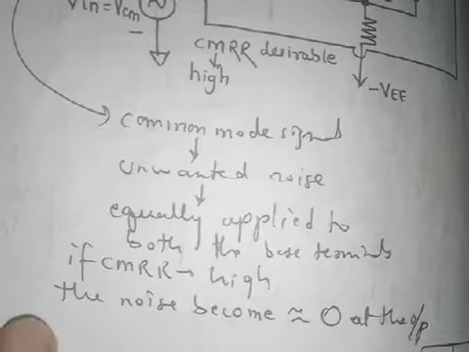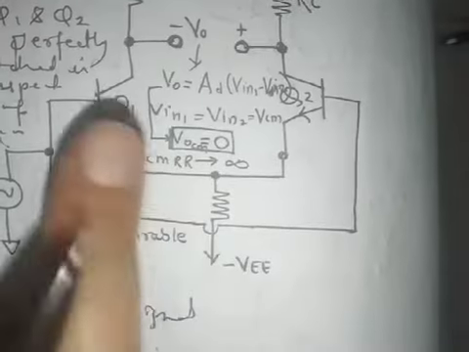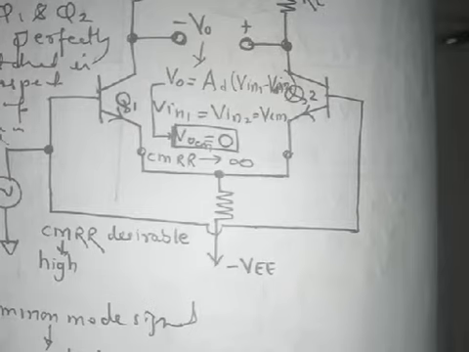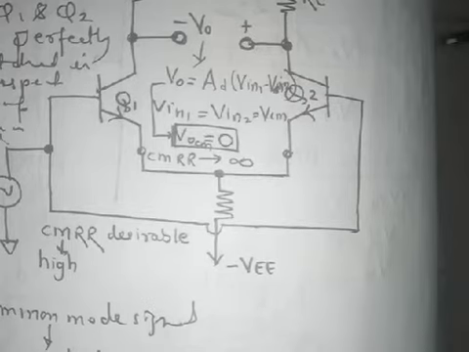But if you use the transistor in a differential configuration, the key important point is that the output is the difference of the inputs, and when the noise acts with the same intensity on both the inputs, it gets cancelled out.